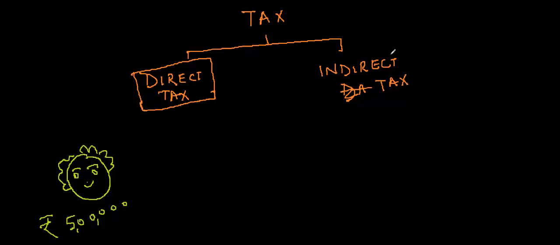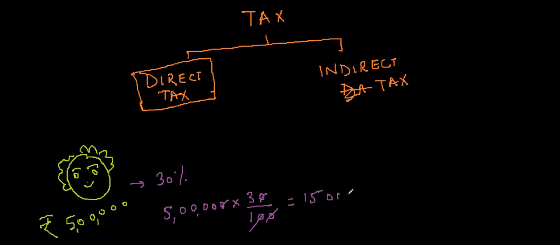The government says, okay, Rajan, you are doing pretty well in your business and you should pay a certain kind of tax to the government as it is your moral duty. So come to us and pay 30% tax on this. So Rajan has to pay 30% of 5 lakh, which would be 1,50,000. Rajan has to pay this much amount of tax to the government.